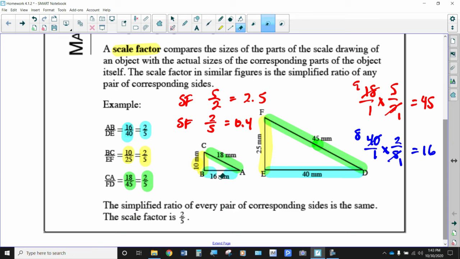It's 16. So we'll work on this a lot. We'll continue going back and forth with scale factors, and there isn't one direction that you'll always go. So just think about this. If your number is getting bigger, you're going to multiply it times a scale factor that's greater than 1. If it's getting smaller, then you'll choose the scale factor that is less than 1.